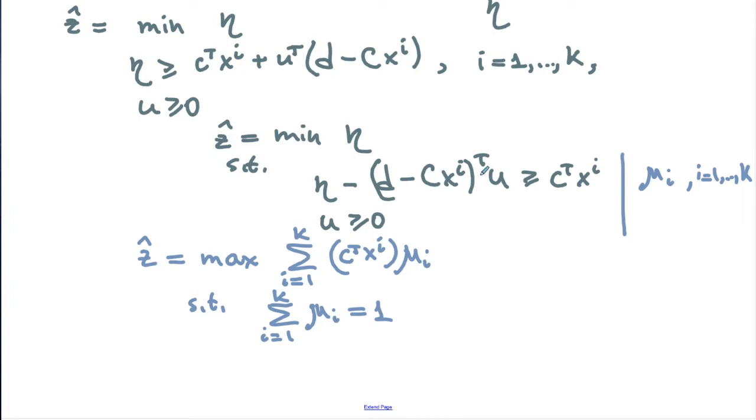All of this will be multiplied by mu i's, and we will have the less than or equal to constraints.